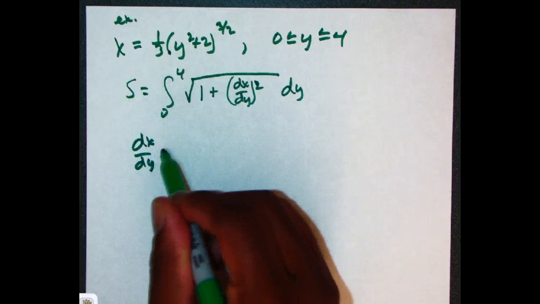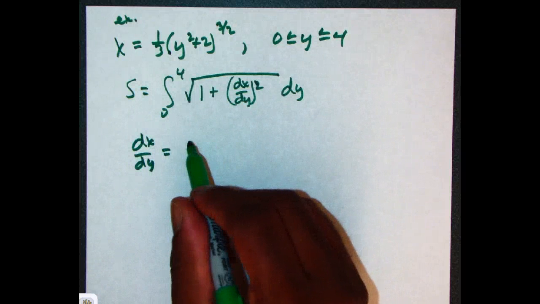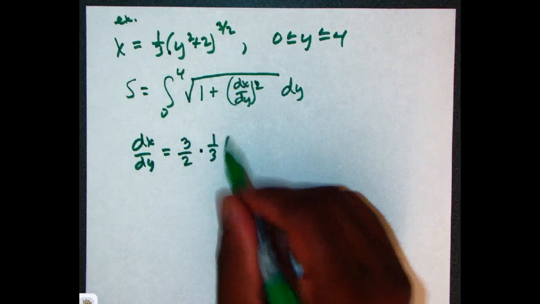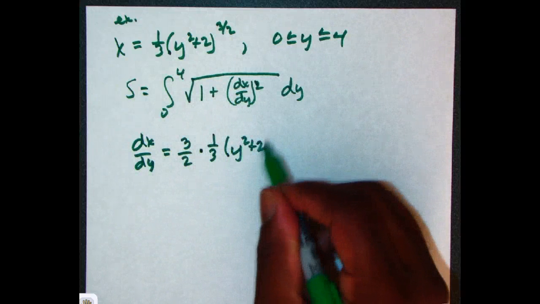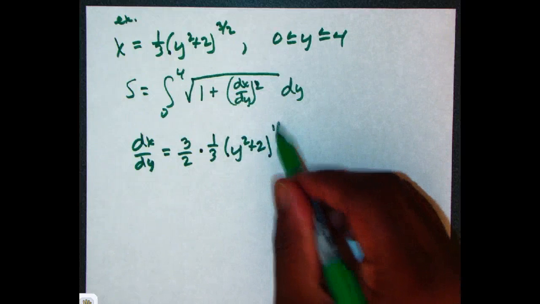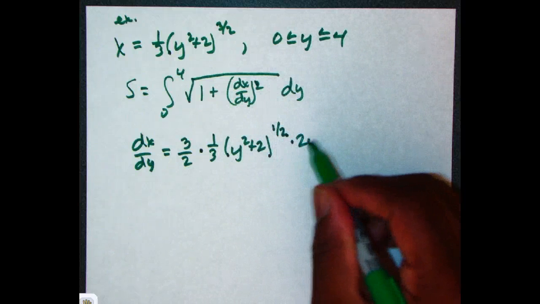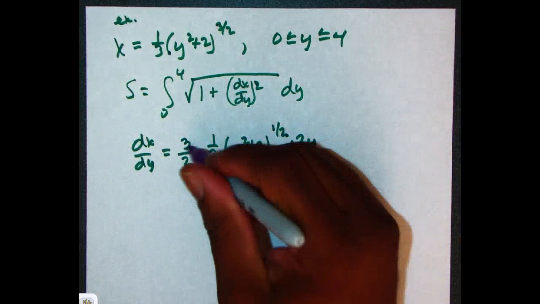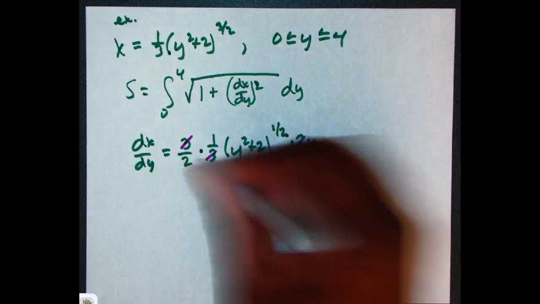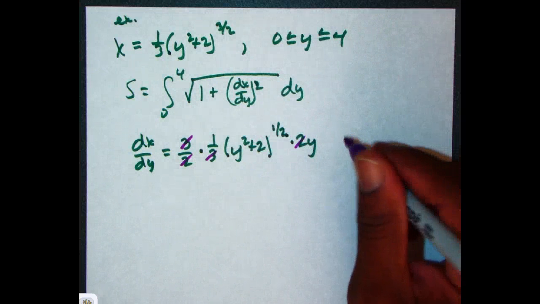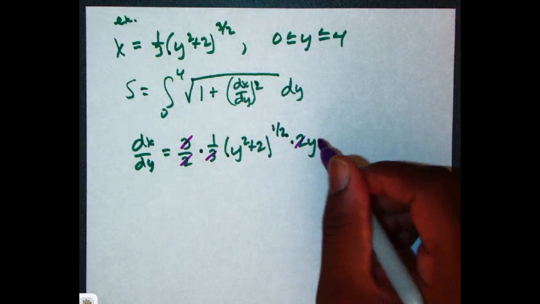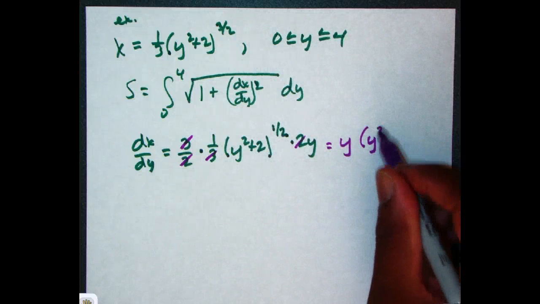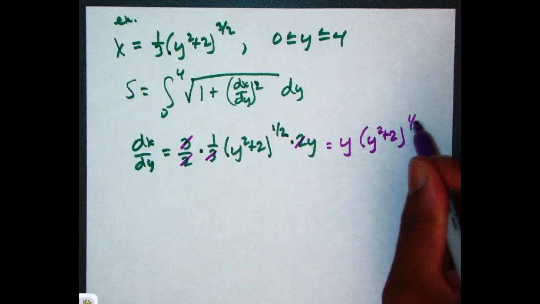Dx dy is going to be 3/2 times 1/3 y squared plus 2 to the 1/2 times 2y. And let's see, 3 over 3 is 1, 2 over 2 is 1. So we are left with y times y squared plus 2 to the 1/2.